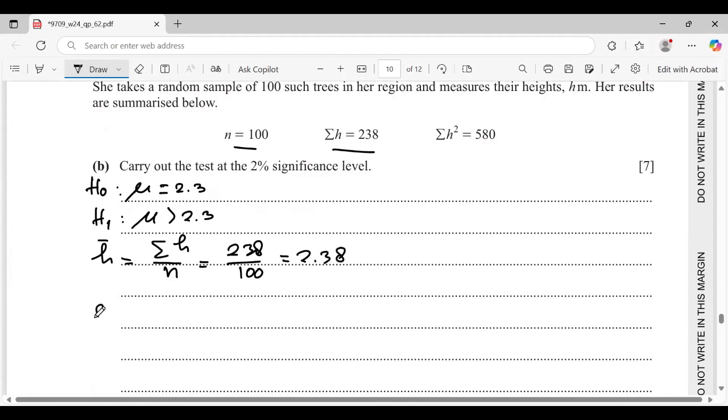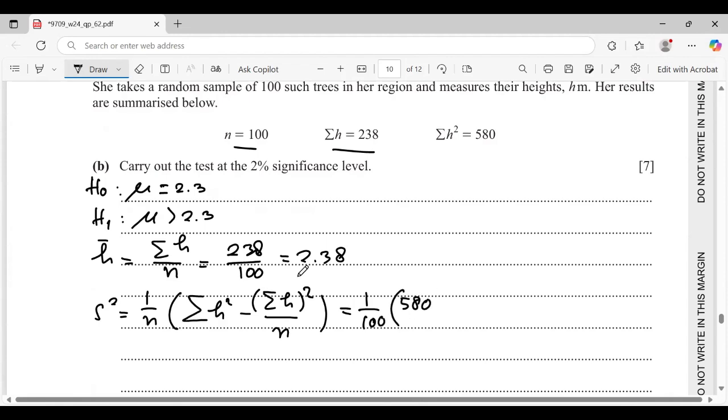And the sample variance: 1 over n times sigma h squared minus sigma h squared divided by n. 1 over 100 times 581 minus 238 squared over 100.